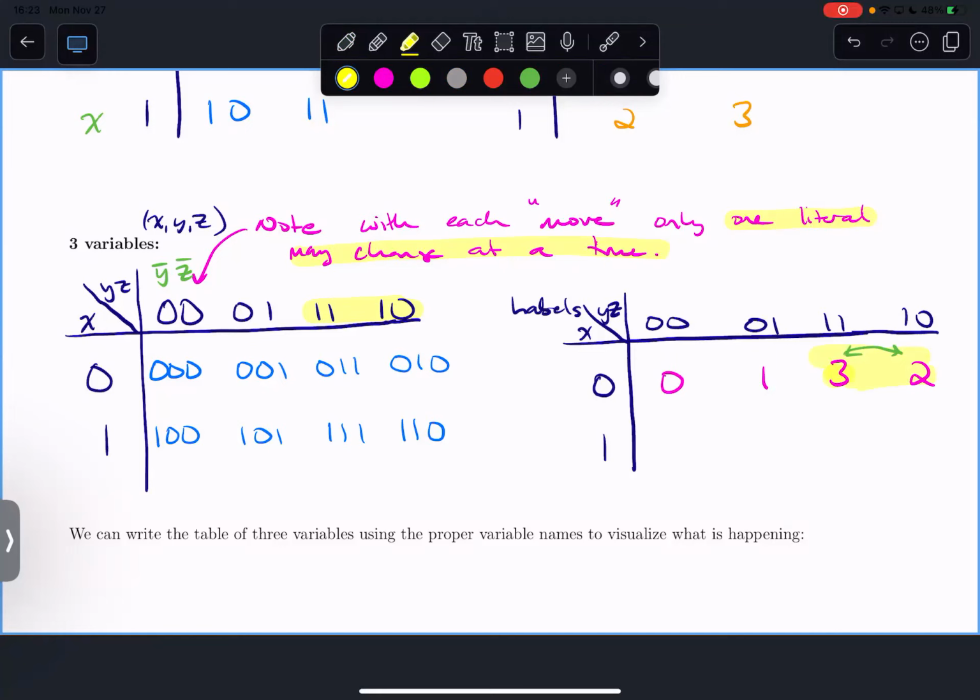Once you have that movement in your brain, 0, 1, 2, 3, then it's fine. Then 1, 0, 0, 4, 1, 0, 1, 5.